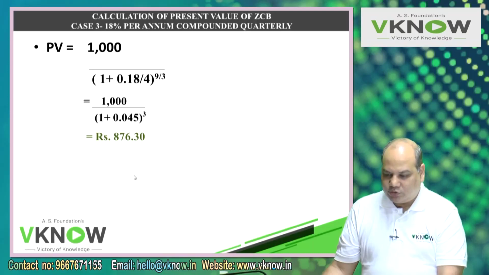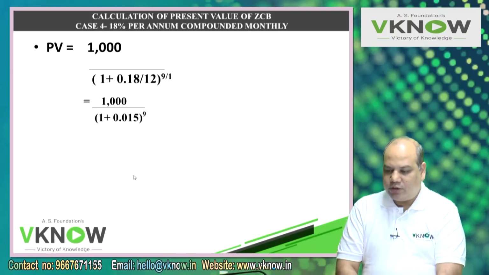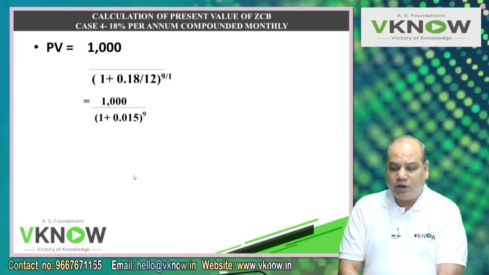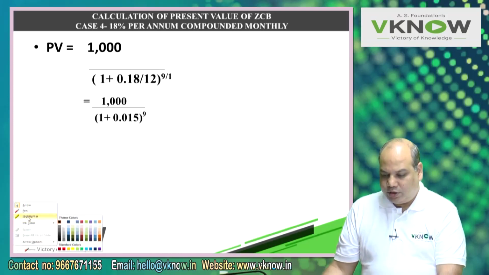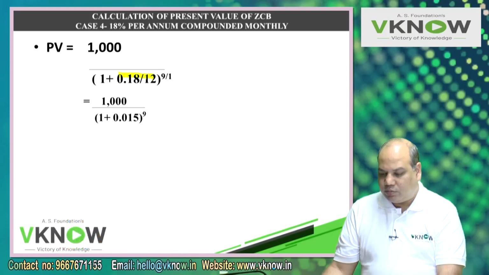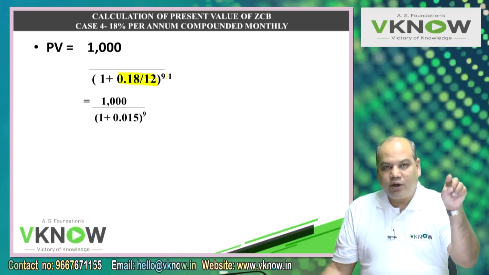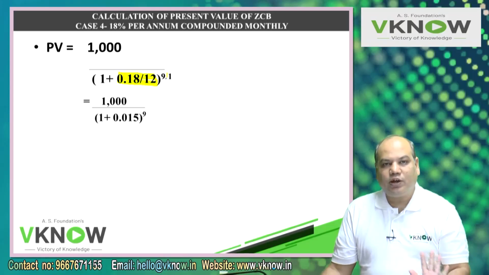And now the last case 4. Case 4 write down heading 18% per annum compounded monthly. Present value is equal to 1000 upon 1 plus 0.18 divided by 12 months to the power 9 by 12 into 12. 12 will cancel.